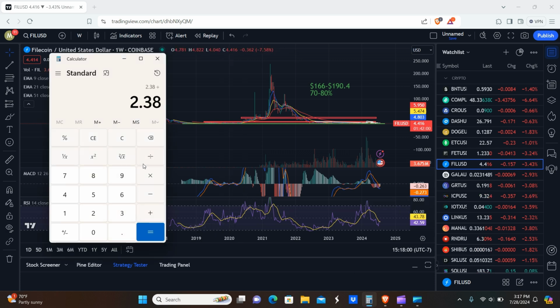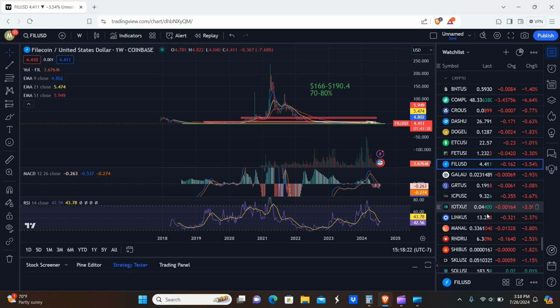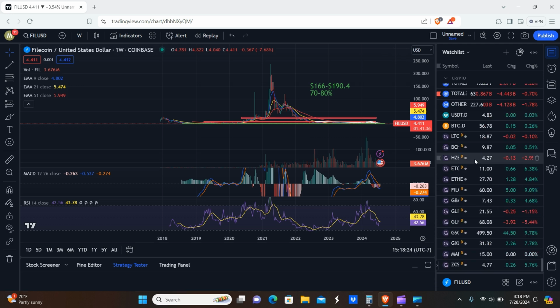So just on the underlying token alone, just to get back to the all-time highs is, oops, I did that wrong. Sorry about that. So 238 divided by 4.41, just to get back to the all-time highs on Filecoin, not even PhilG or FileG, whatever people want to call it, 54x, okay? So sky is the limit on PhilG.